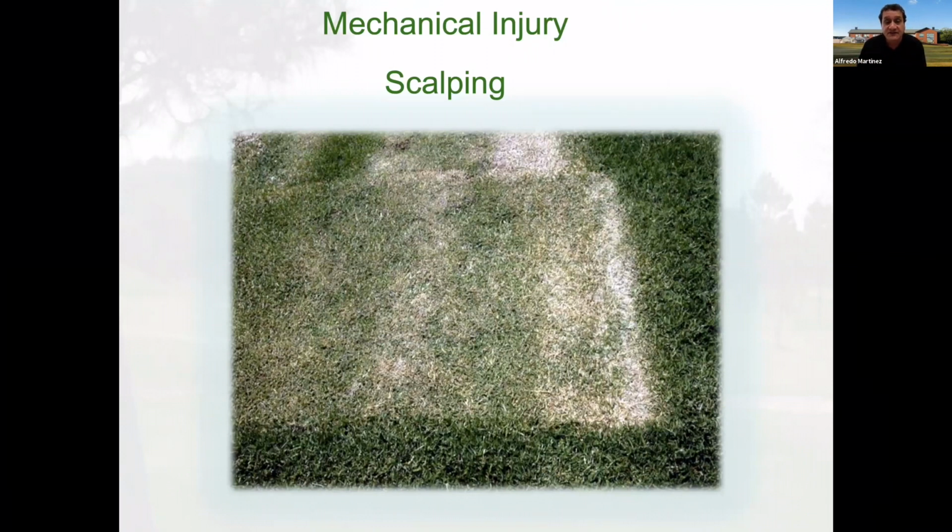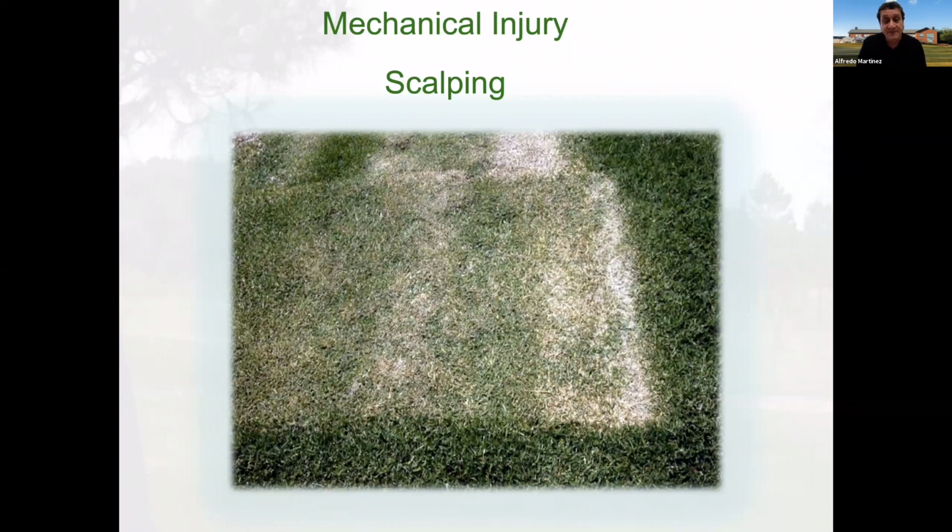Mechanical injury, scalping, things like that. I just want to tell you, for example, that last summer, due to scalping, I lost a bentgrass green. That was basically a $10,000 issue, all because we have a reel mower with three different sets of reels, and one of them was lower than the others, and it scalped at a very critical time back in June.